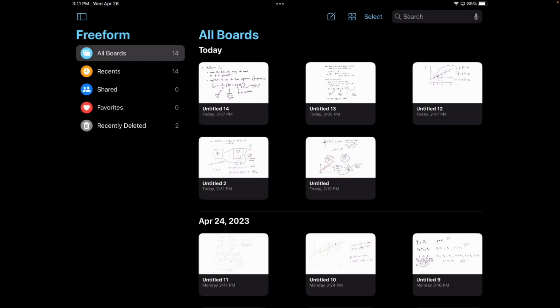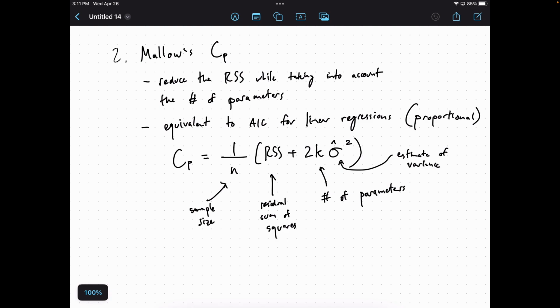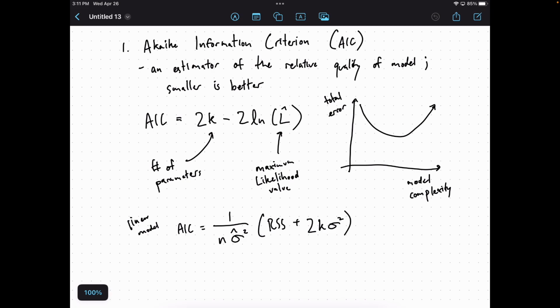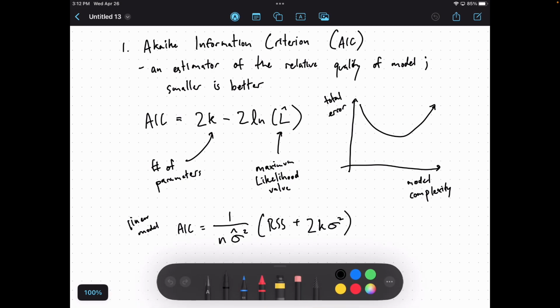Is it the same? Because I thought it was different. There was sigma hat squared and sigma squared in the AIC formula. Is there a hat missing in the AIC equation? Oh, yes, probably. So there should be a hat. Okay.